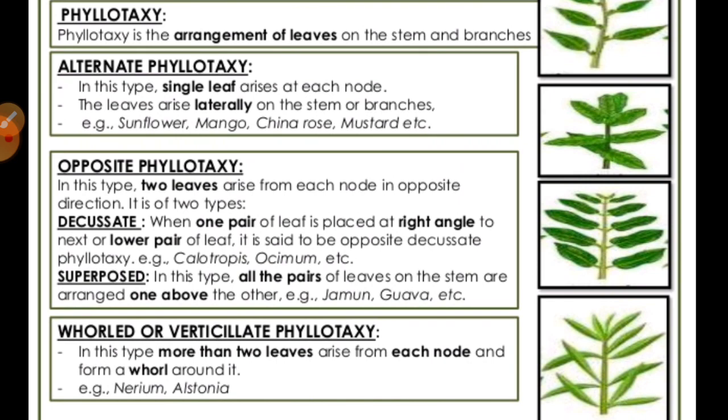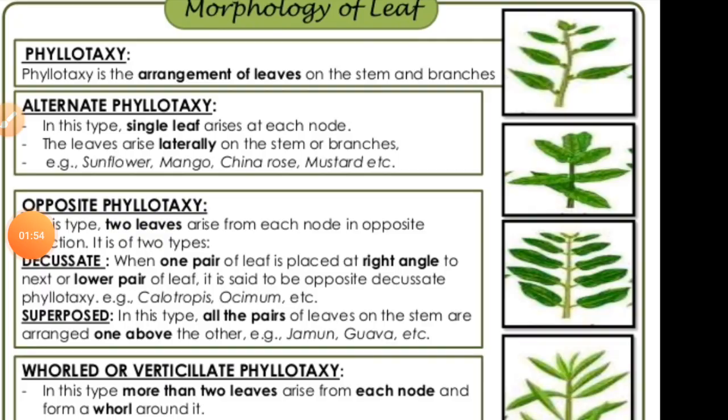If you see different types of plants, the arrangement of the leaves varies from plant to plant. So that arrangement of the leaves on the branch of any tree is called the phyllotaxy.